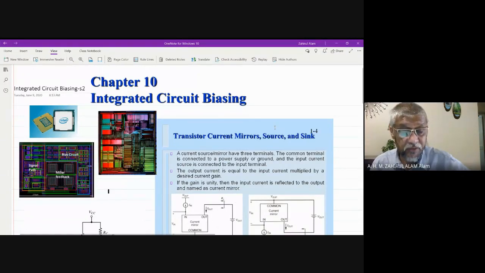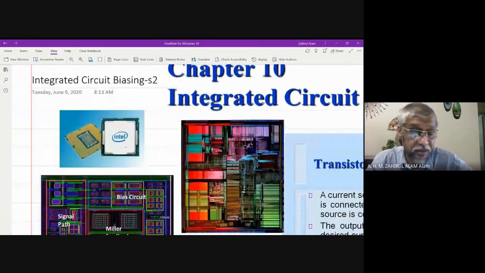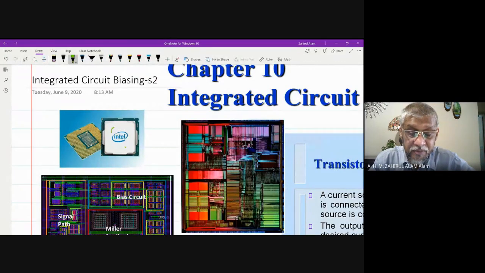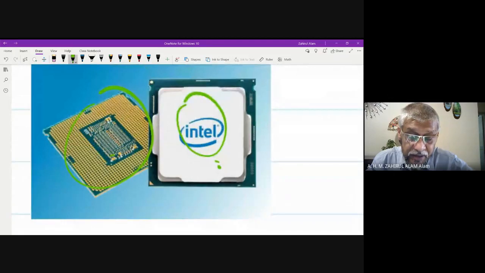So what is an integrated circuit? For example, this is one Intel chip, which is an integrated circuit. Inside there is an integrated circuit. This is the top side, and there is a bottom side. You see there are many pins to connect, and if you magnify, there are also a little bit of discrete resistance or capacitance.